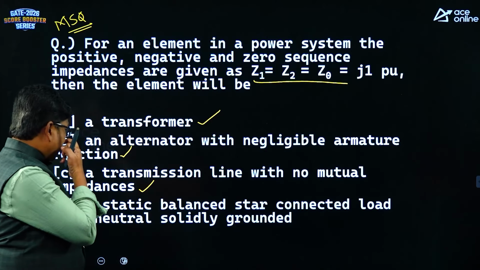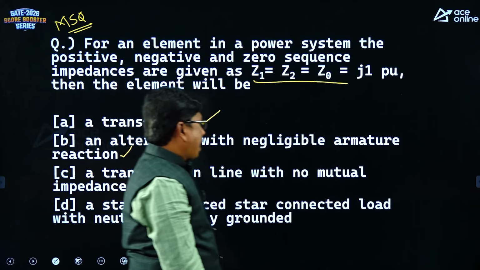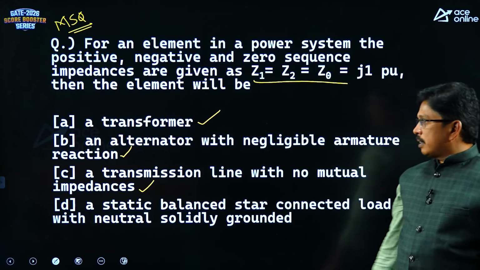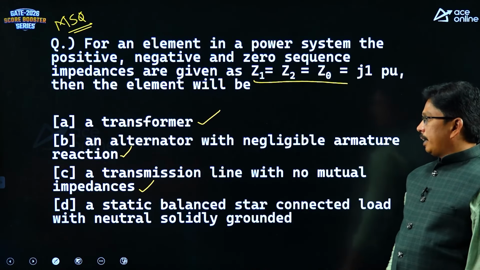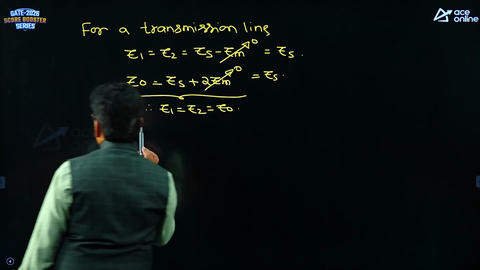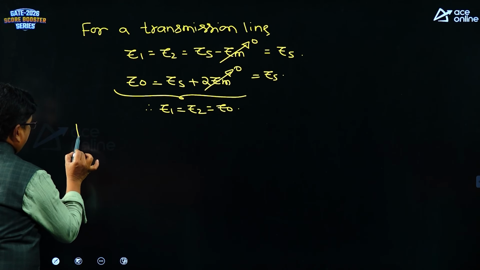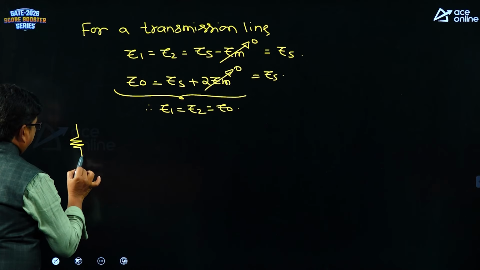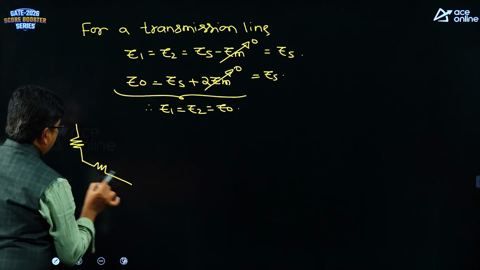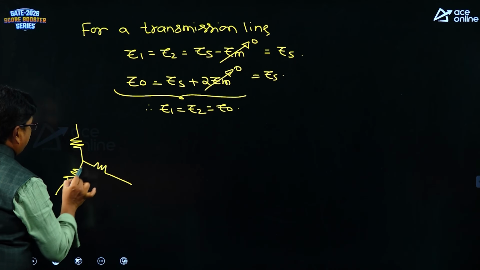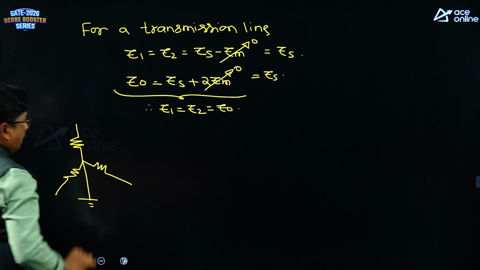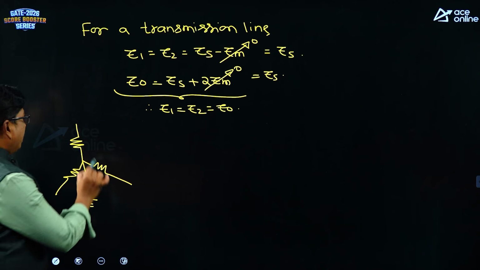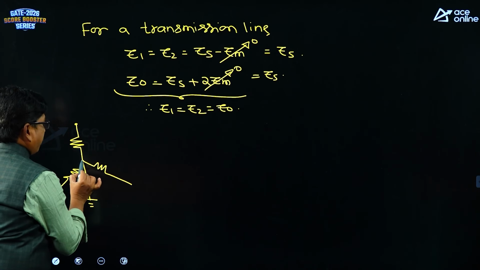Coming to the last one, a static balanced star connected load with neutral solidly grounded. Just see here students, whenever you have the neutral solidly grounded, suppose this is the star connected load. What is the positive sequence impedance of this one? The positive sequence impedance will be from here to here.